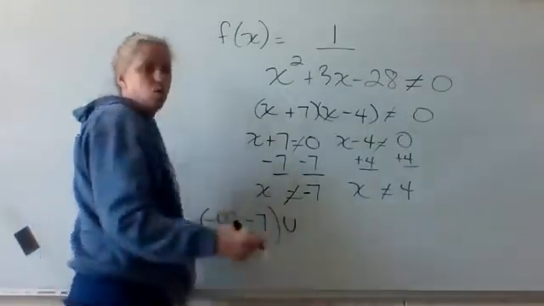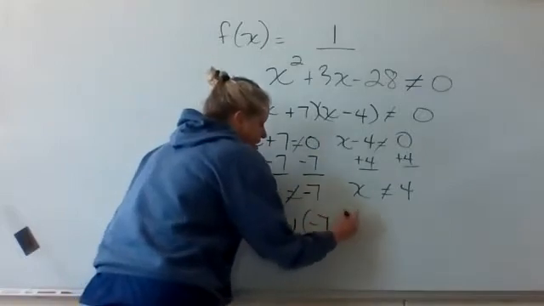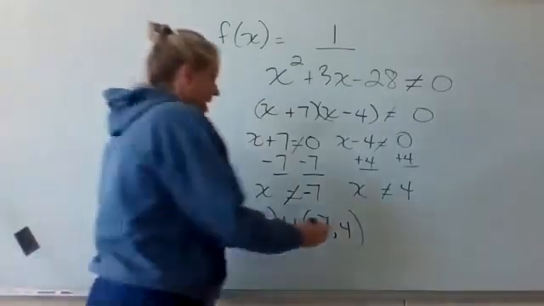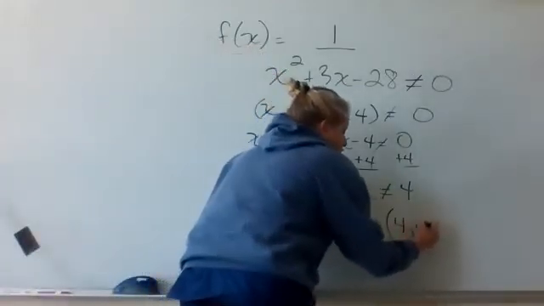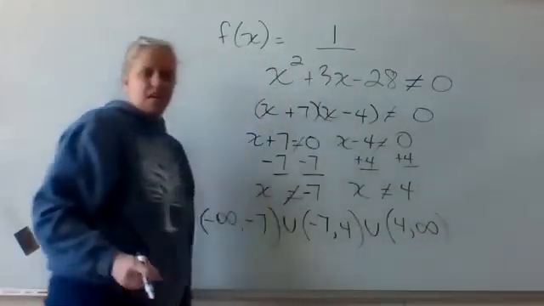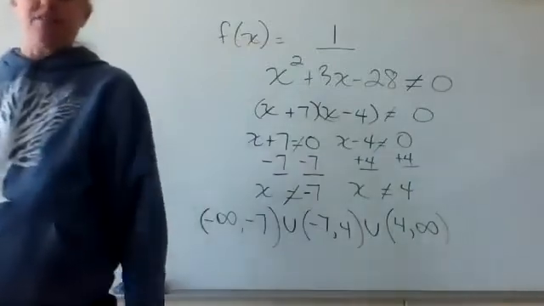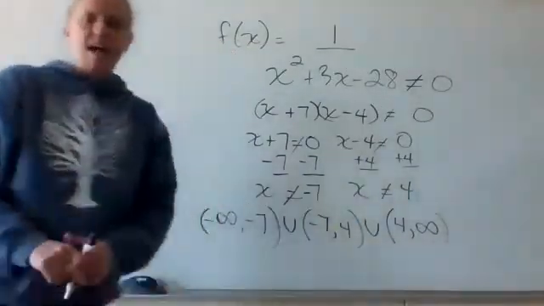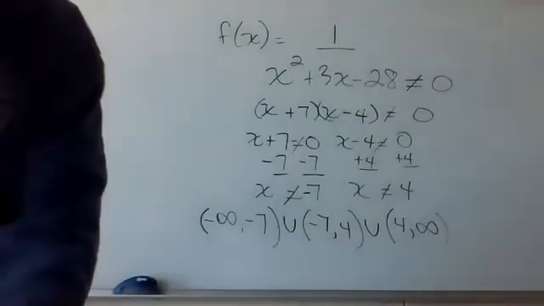In union with, or and, I want to include the numbers between negative 7 and 4. So that's that parenthesis. And I want to include all the numbers greater than 4. So 4 to positive infinity. So that includes all the numbers from negative infinity to positive infinity, except for negative 7 and positive 4.